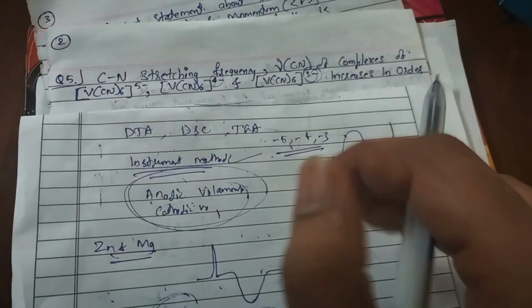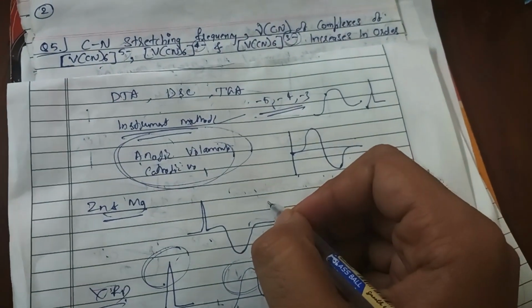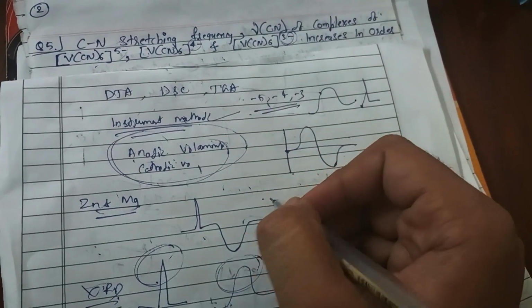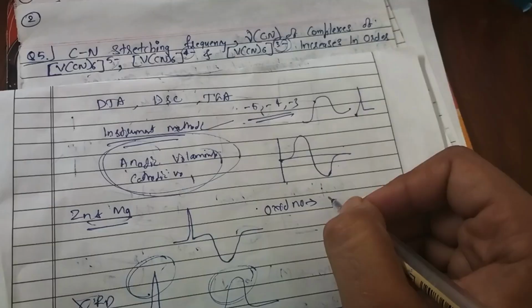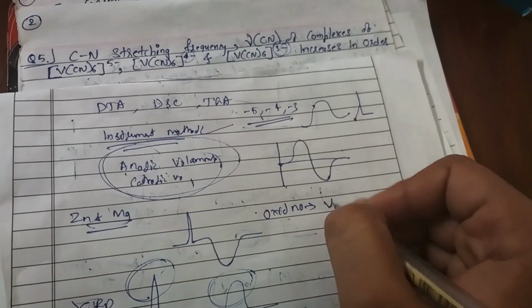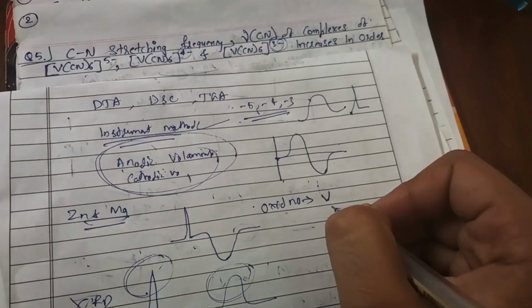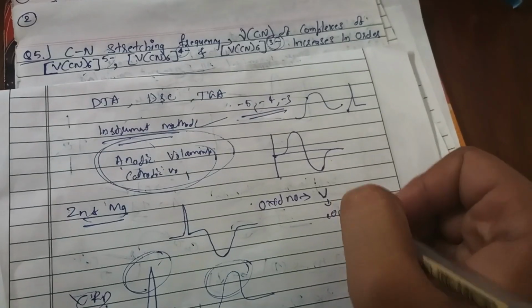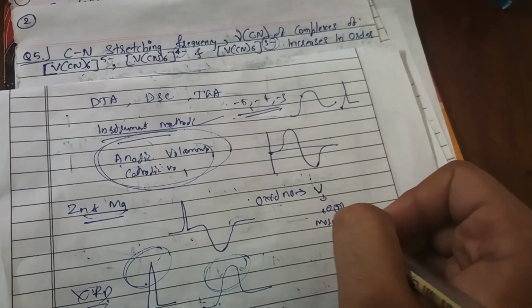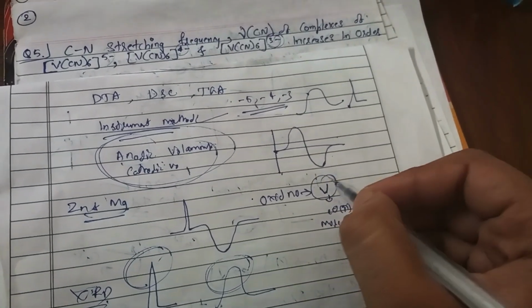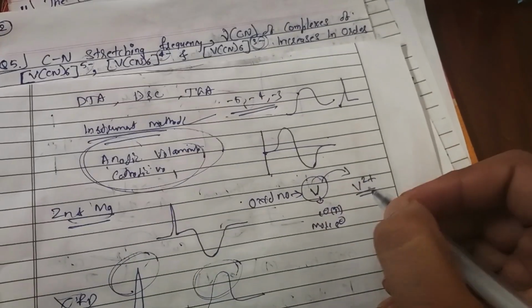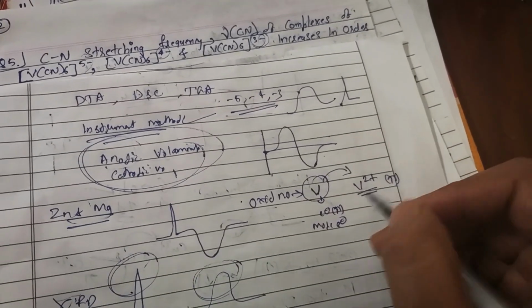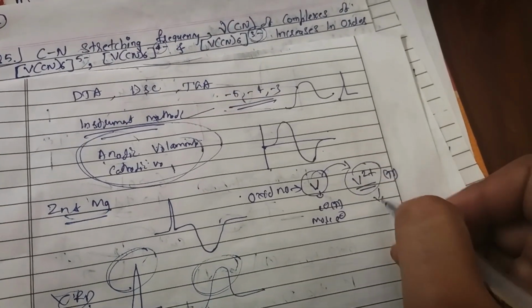Here we have to look at the concept of how oxidation state and frequency are related. First, what does oxidation number mean? If we have just vanadium, its electron density is more, since more electrons are there. If we convert this vanadium to vanadium 2 plus, then the oxidation number is increased, but its electron density is decreased.